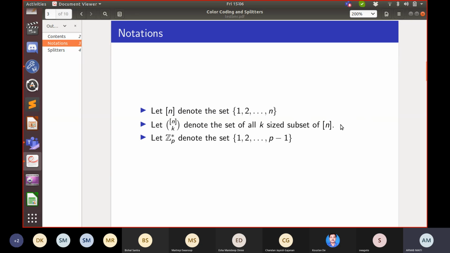Take any subset of size k, and the collection of all those subsets is represented by this. And Z star p denotes the set 1, 2, up to p minus 1. P is a prime, sorry, I forgot to mention.